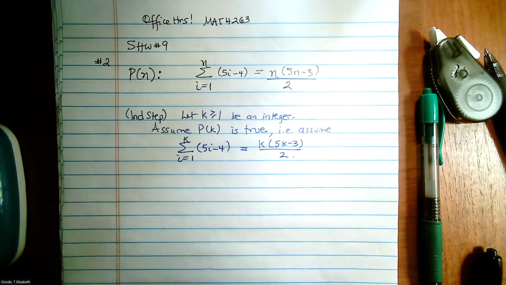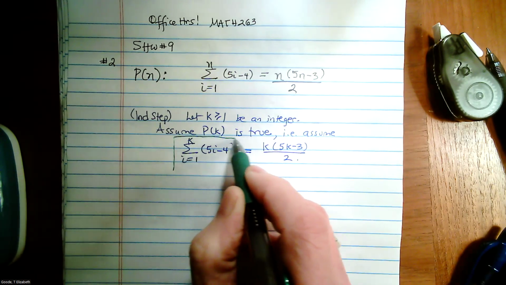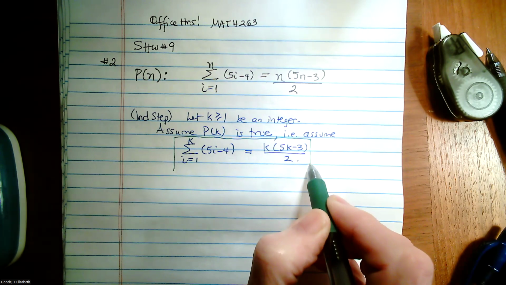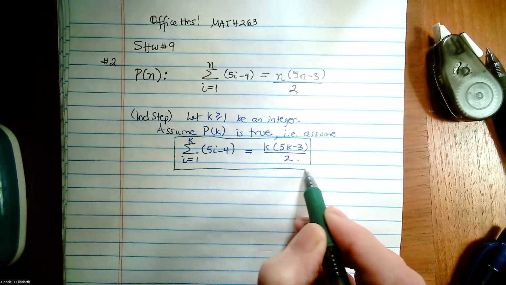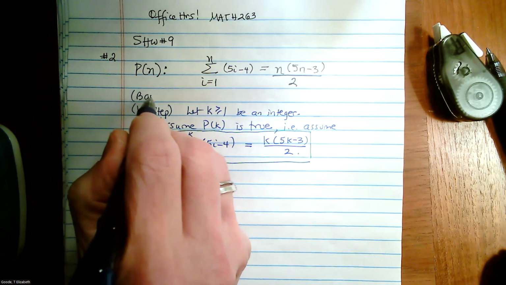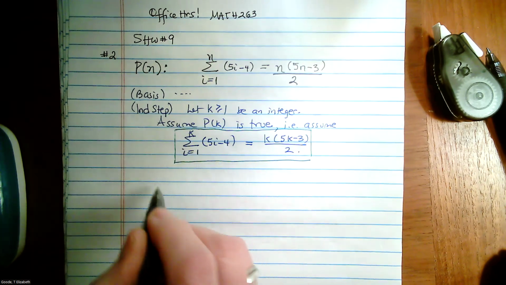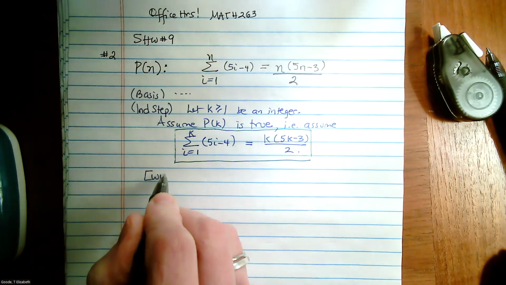All right. So great. You've got your inductive hypothesis. Let's put a box around that just so we know what our assumption is. I'm assuming you had no problem with the basis step, P of 1. Yes, that was easy. Okay. So what do you wish to show?